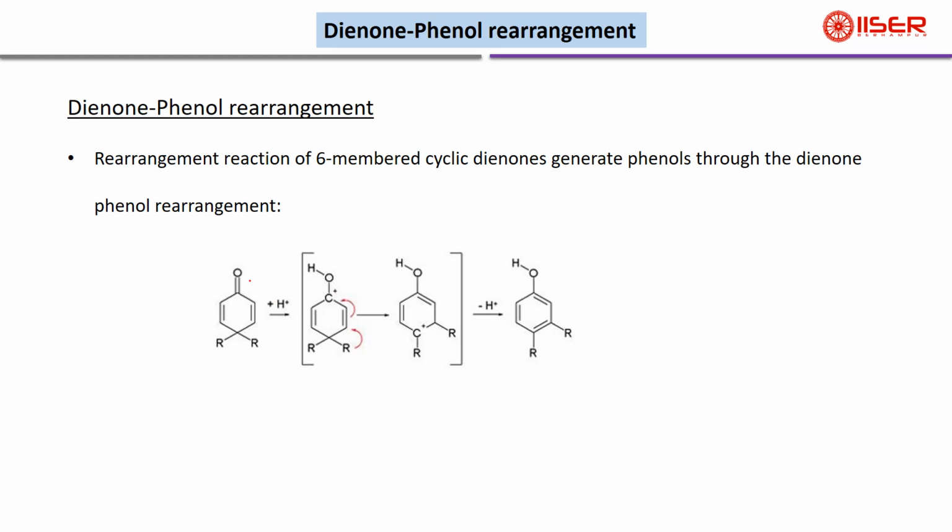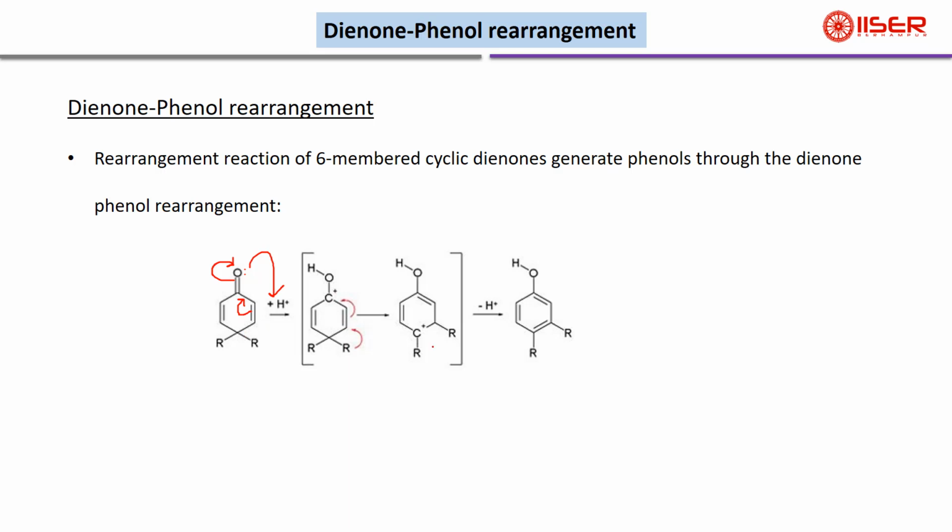in presence of acid, this oxygen takes this proton and gets activated. Then this double bond shifts to here, generating a carbocation at this place.